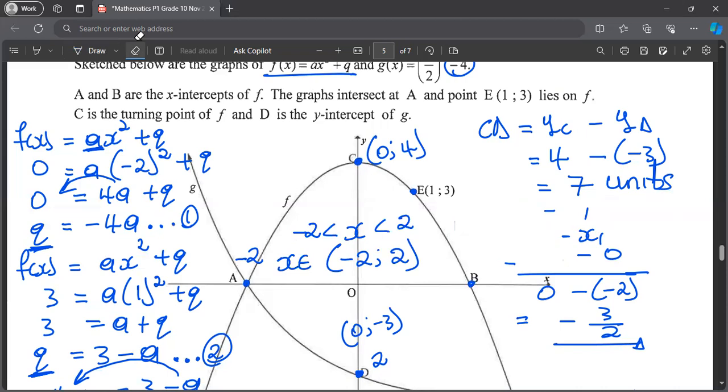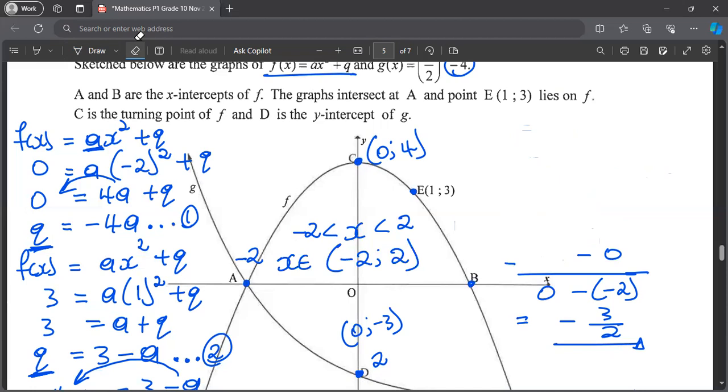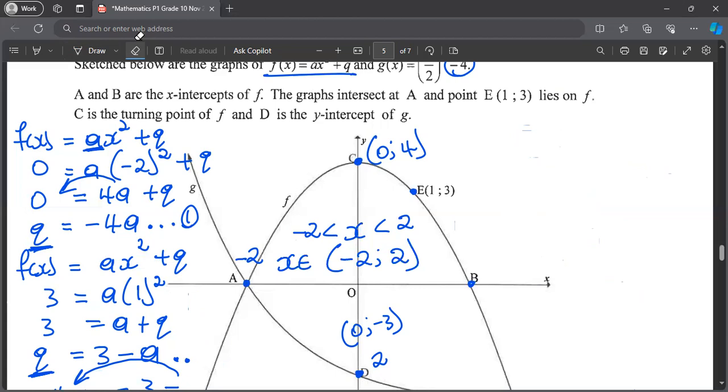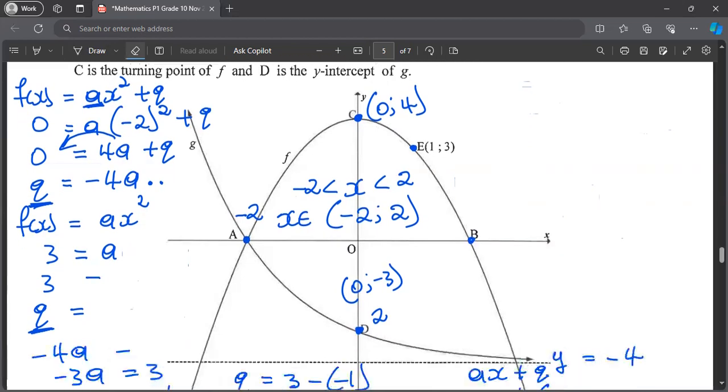But what if they asked you, where is the function below the x-axis? For which values of x is f of x less than 0? What are you going to say? Well, you can see that because the function is continuous, in terms of values of x, from -infinity all the way to -2, the function is below the x-axis. But that's not the only place. From +2 all the way to infinity, we can see that the function is below the x-axis.